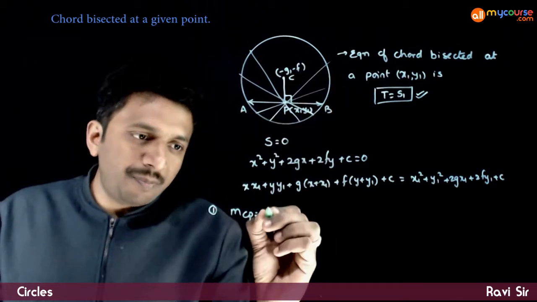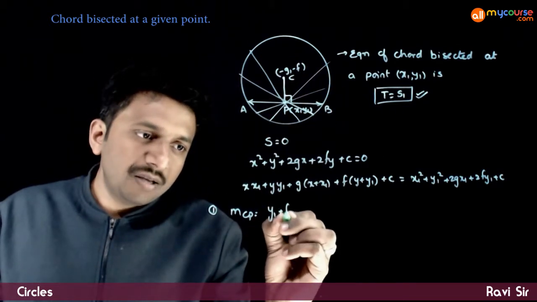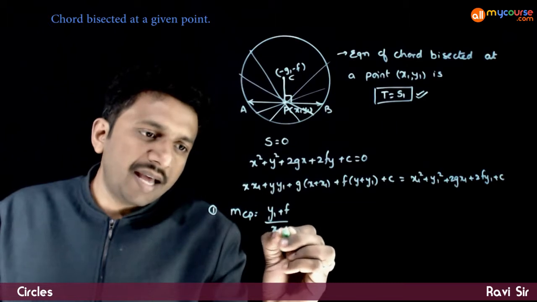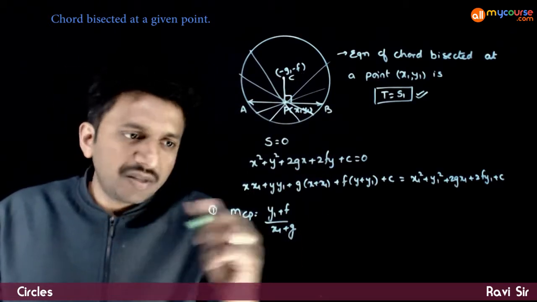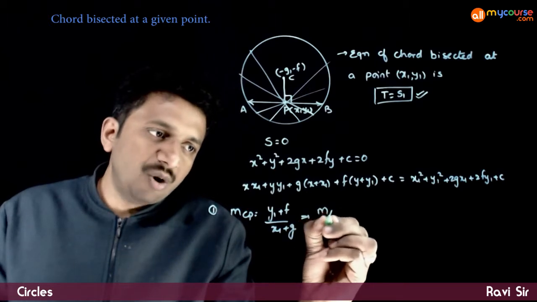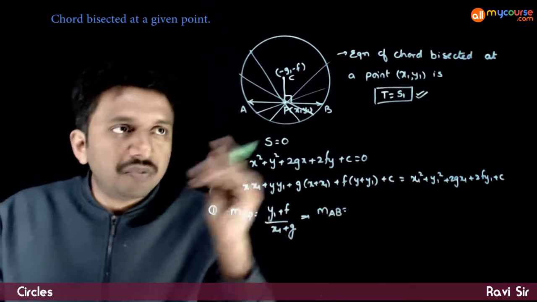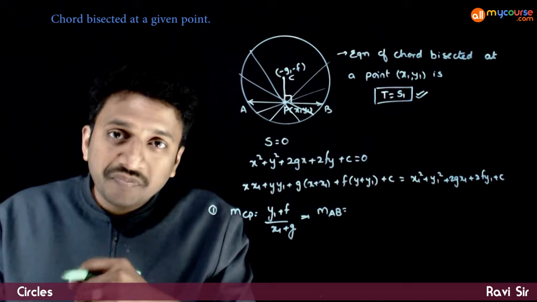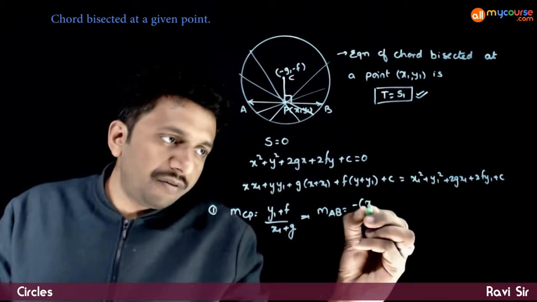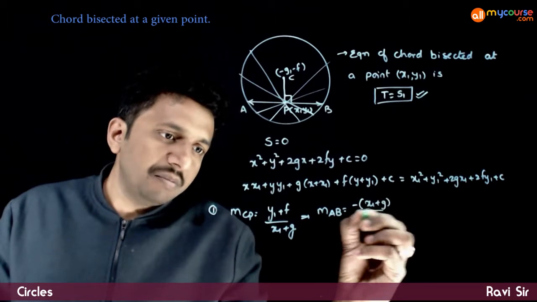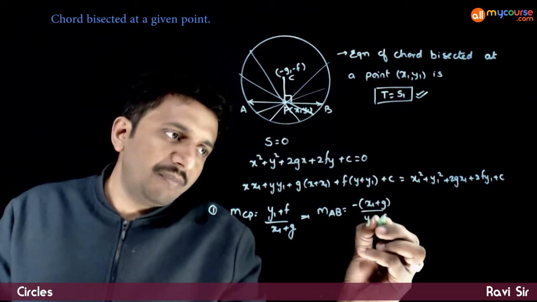It is y1 minus of minus f, that is y1 plus f by x1 plus g. So this is the slope of CP. This implies what is the slope of AB? Because these two are perpendicular to each other, the product of the slopes has to be minus 1. So it is minus of x1 plus g by y1 plus f.